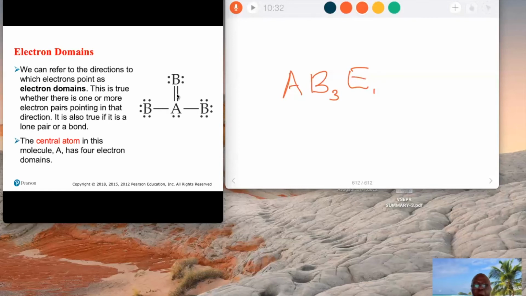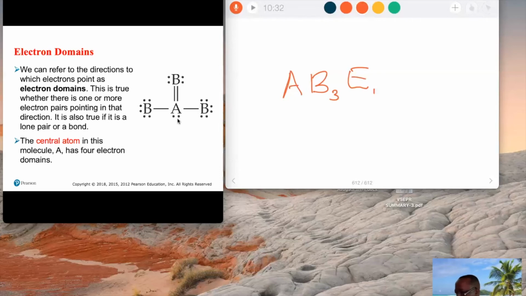Even though we have 4 electrons, we count a bond as a domain, whether it is a single bond, double bond, or triple bond. The single bond here is a domain. The unpaired electrons here, the lone pair, is a domain.